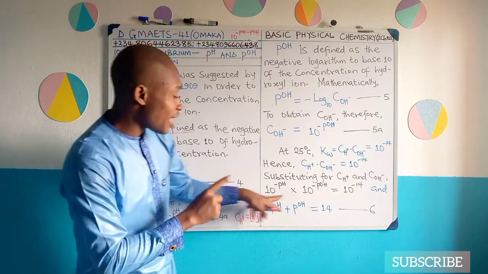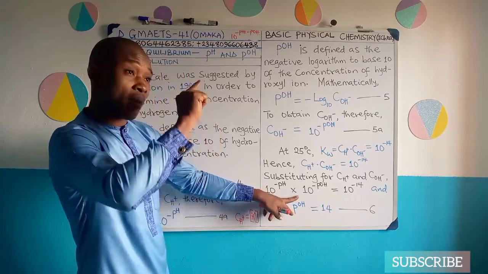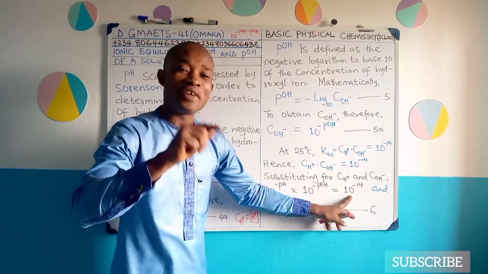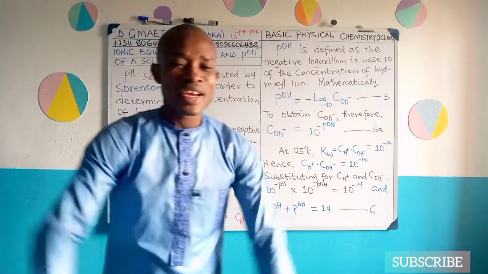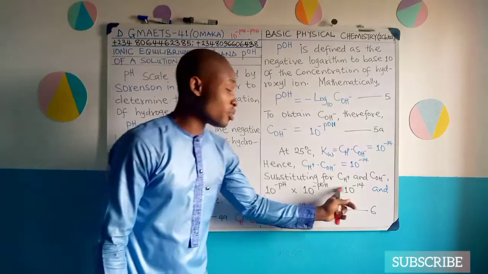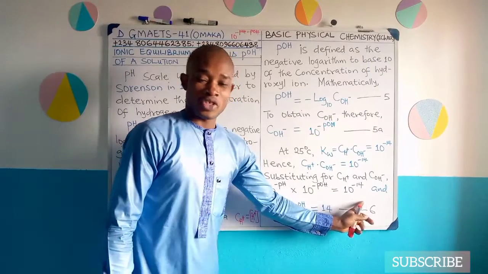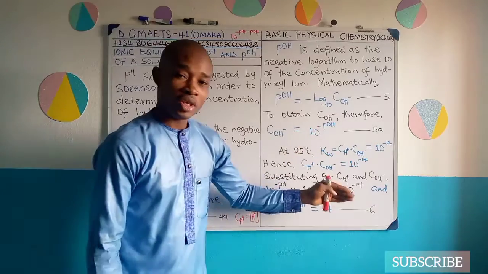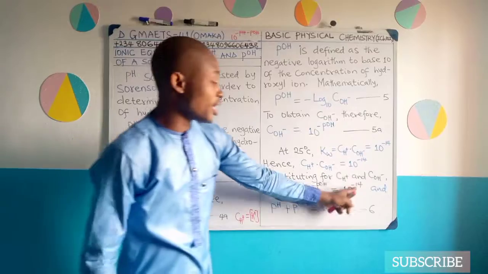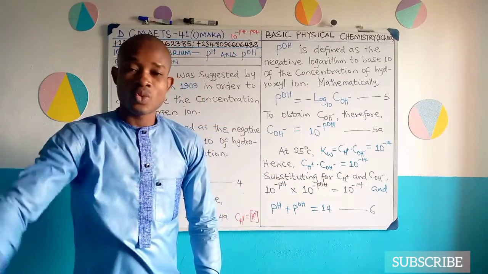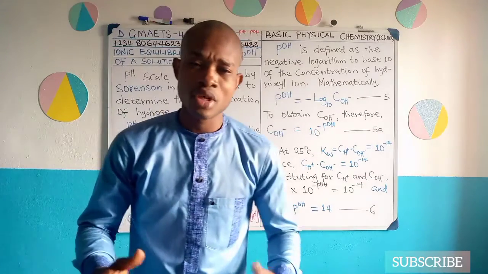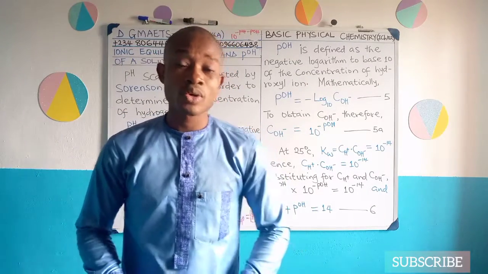So once I now get only one term here as 10 raised to power minus open bracket pH plus pOH, I'll simply make it equal to 10 raised to power minus 14. And of course, the base 10 here will cancel base 10 there. And so you will now have negative bracket pH plus pOH close bracket equal to negative 14. The minus will cancel out from both sides of the equation and we get pH plus pOH is equal to 14.